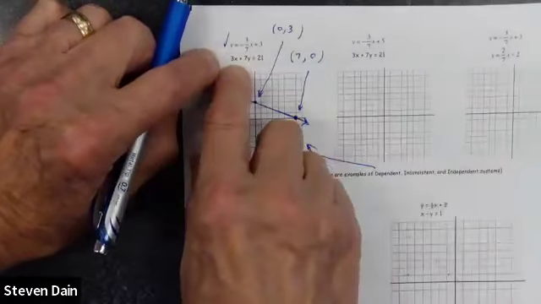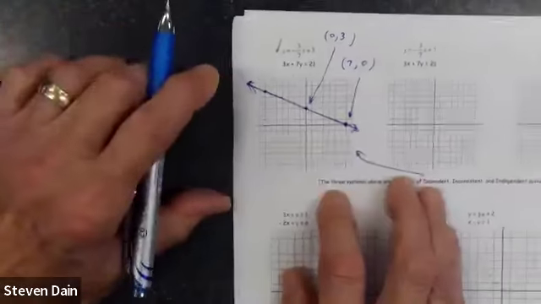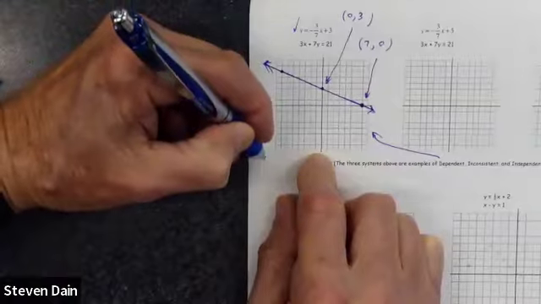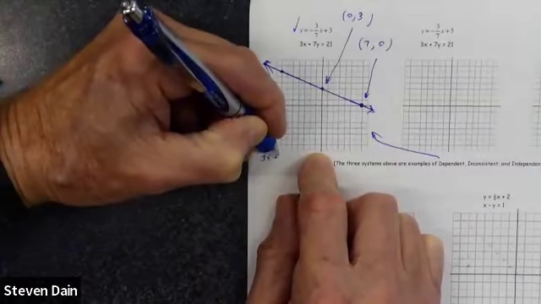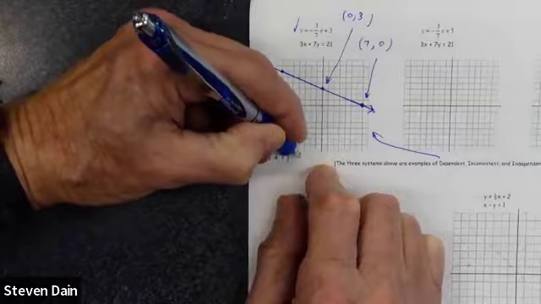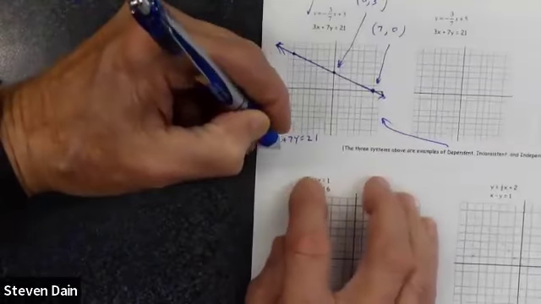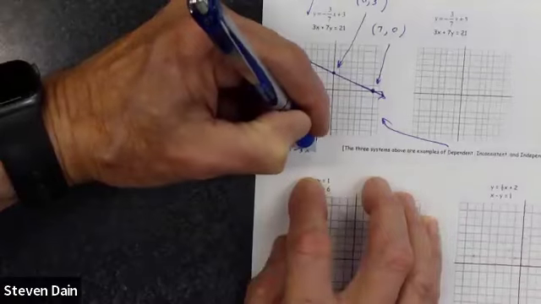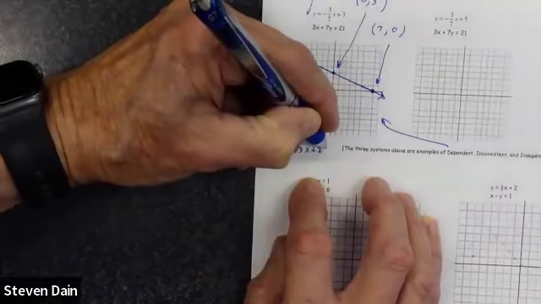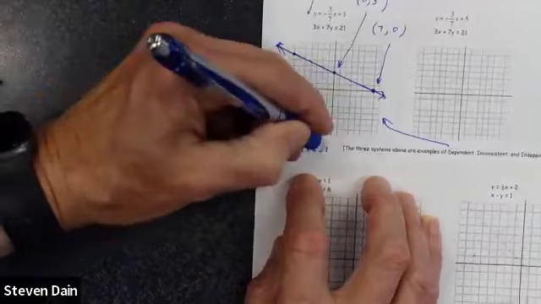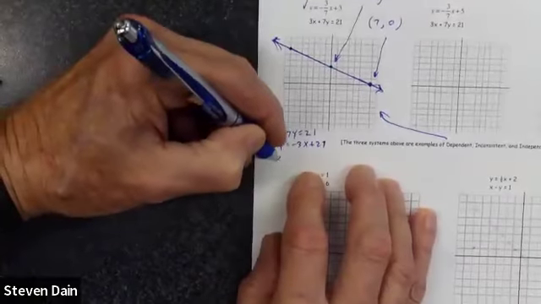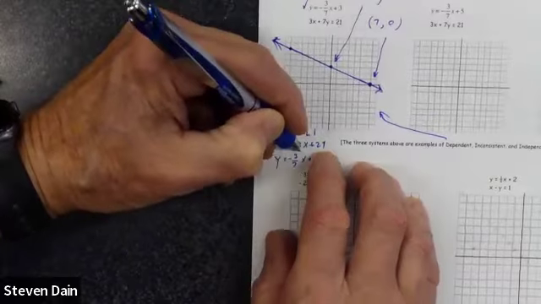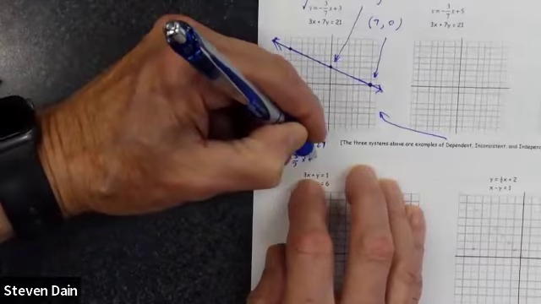If I take this bottom equation and solve it for y, look what happens. Let me do that. I have 3x plus 7y equals 21. If I take away 3x from both sides, I have 7y equals minus 3x plus 21. And then if I divide by 7, I get y equals negative 3/7 x plus 21 divided by 7, which is 3.